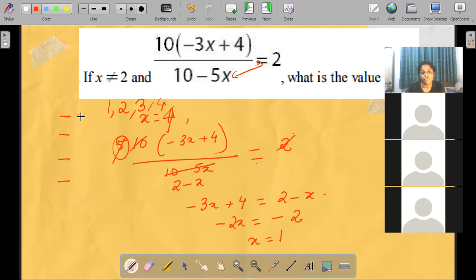Even then, maybe 1 was given at the last and 5 was here, so you would have tried option D at last, right? By that time you have already spent multiplying and doing all other calculations. So that is very time-consuming.